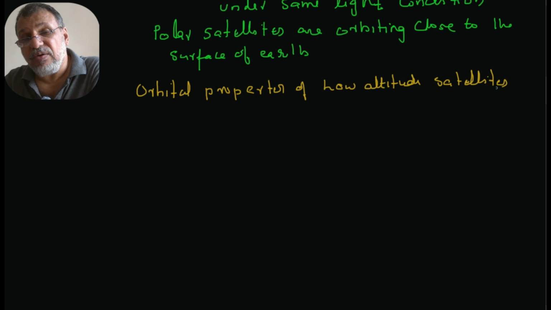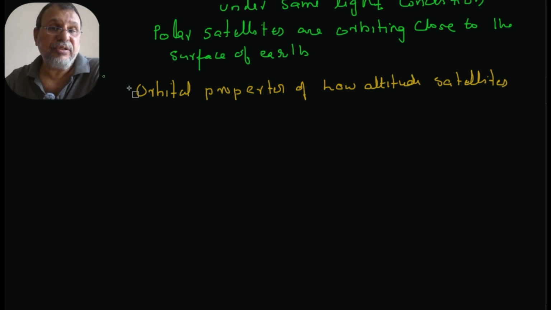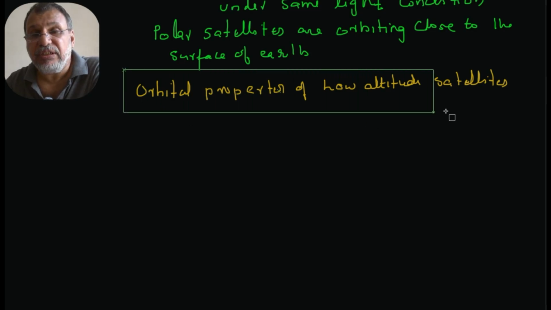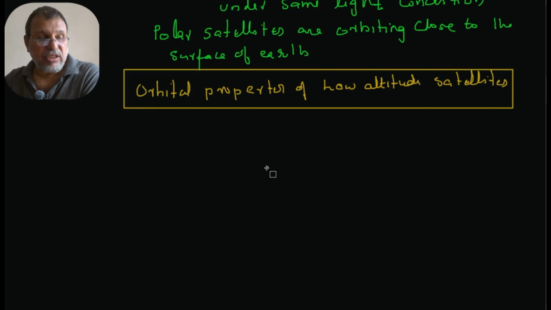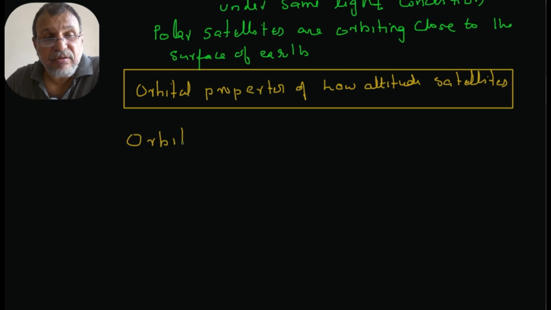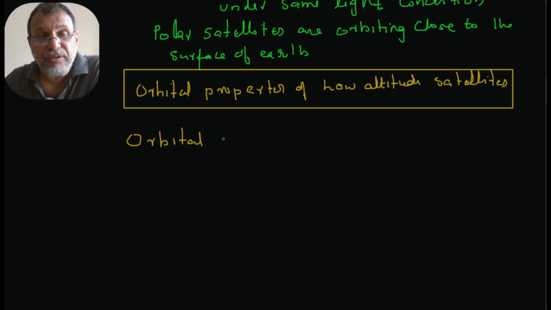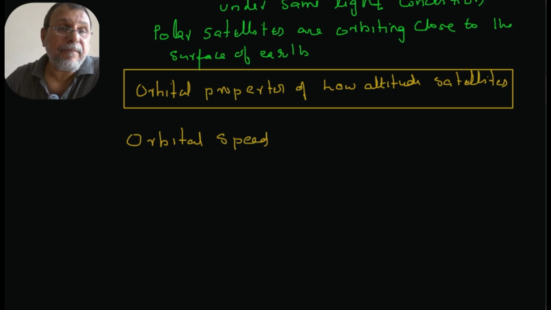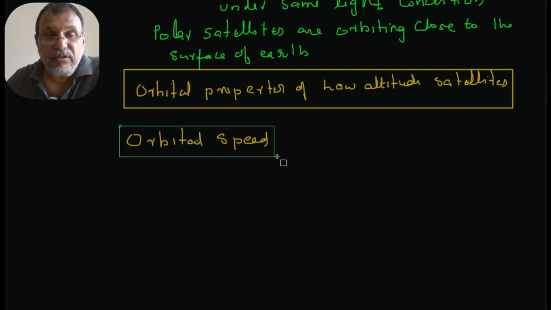So let us work out the orbital speed, and then the orbital frequency of revolution and this kind of thing. So let us work out the orbital velocity, the orbital speed.